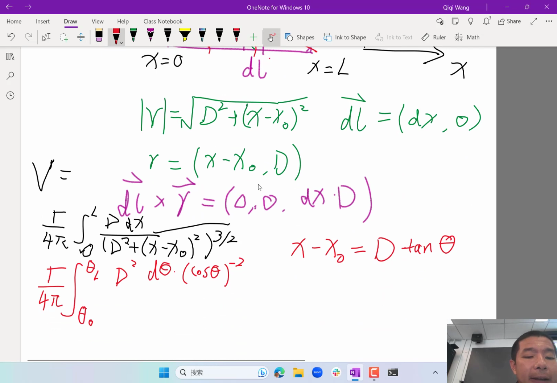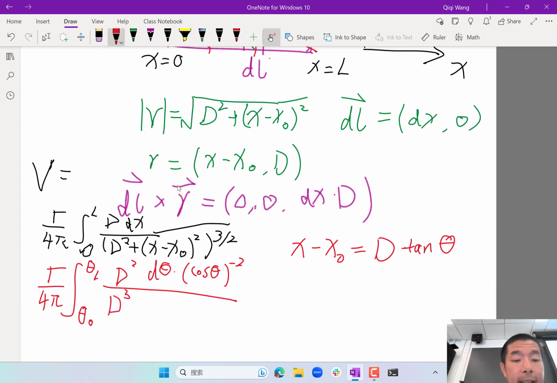Okay, and then what's really useful is the denominator. So let's pull out the d cubed over here. So basically the d squared to the additional 3 over 2 power becomes d cubed, right? And inside it, you're going to see we have another d. D is going to be squared, so that also contributes to the d cubed. But then we have 1 plus tangent theta squared, right?